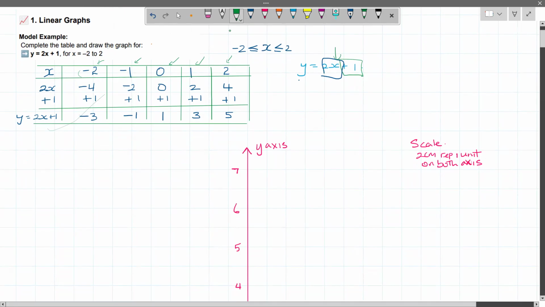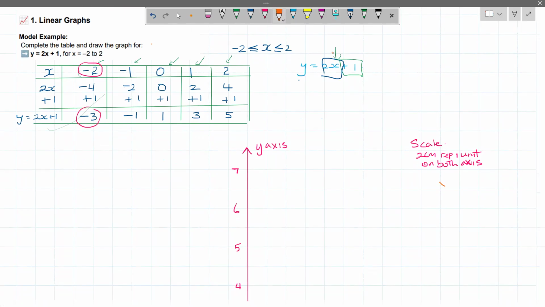These are our pairs of coordinates that we'll be plotting on the graph. So I'm going to write them on the side here. We have x and y values. First point we have is minus 2, minus 3. Then we have minus 1, minus 1.